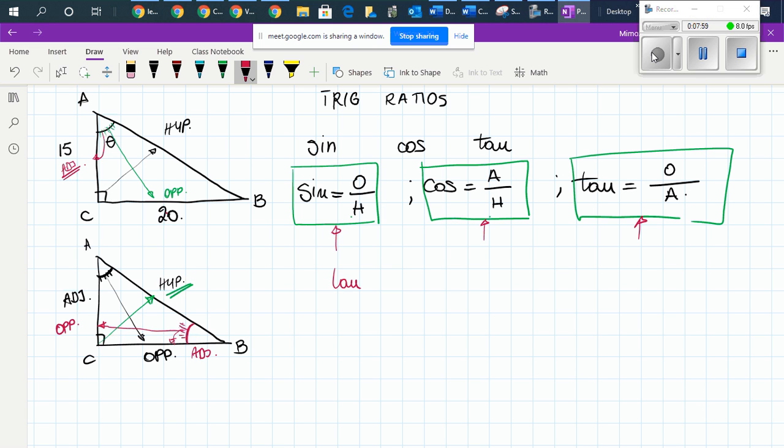So tangent of angle A, or tangent of angle theta, is equal to opposite over adjacent. The opposite of angle theta is 20, and the adjacent is 15.